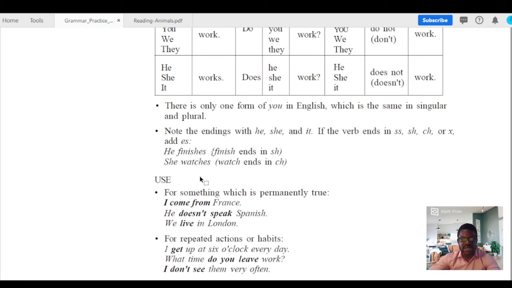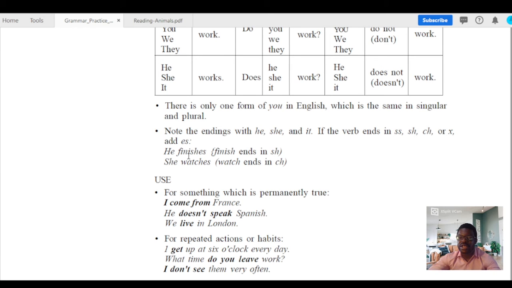Then again, they say note the endings with he, she, and it. If the verb ends in ss or sh or ch or x, then you have to add what? Es. He finishes, because the verb ends in what? Sh.